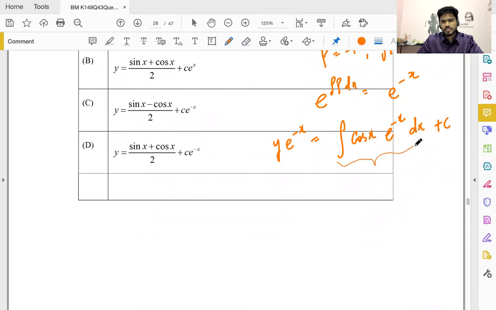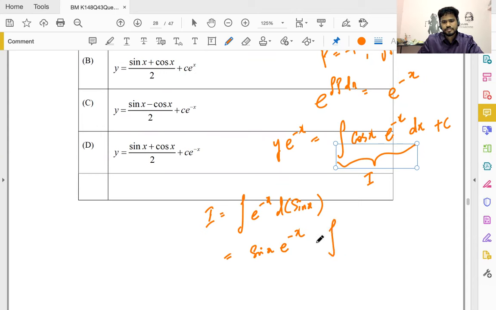Let's call this term I. I is the integral of e power minus x d sin x. That is sin x e power minus x, minus sin x times the derivative of e power minus x. So this becomes a plus.